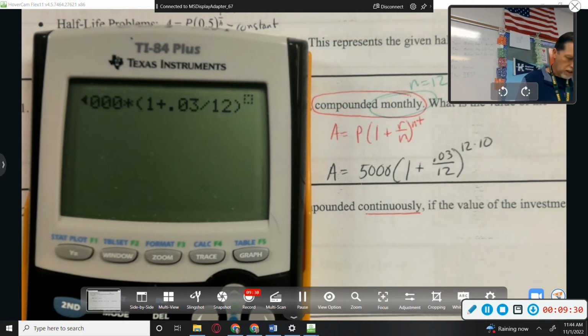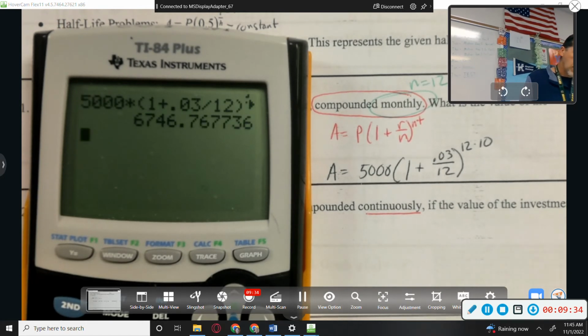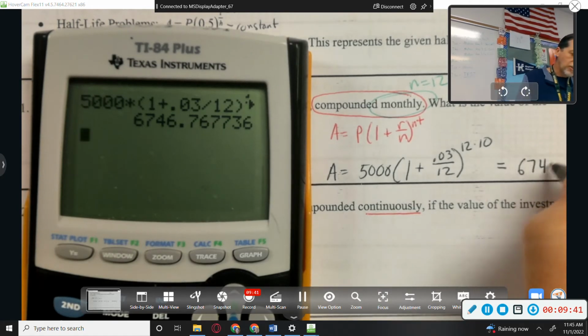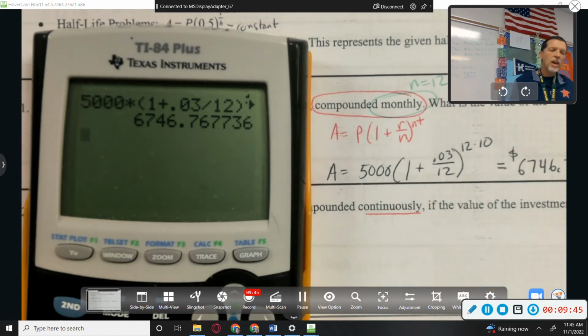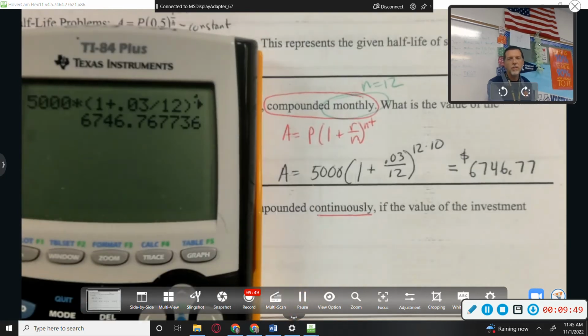All to the 12 times 10. So make sure your calculator can get you to $6,746.77. Always round it to the hundredths with money, because that's your nearest penny.